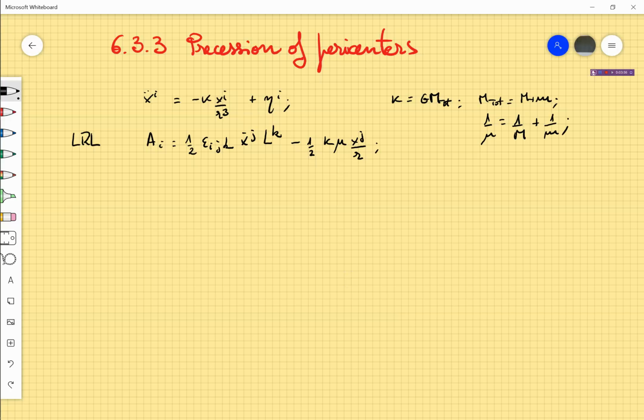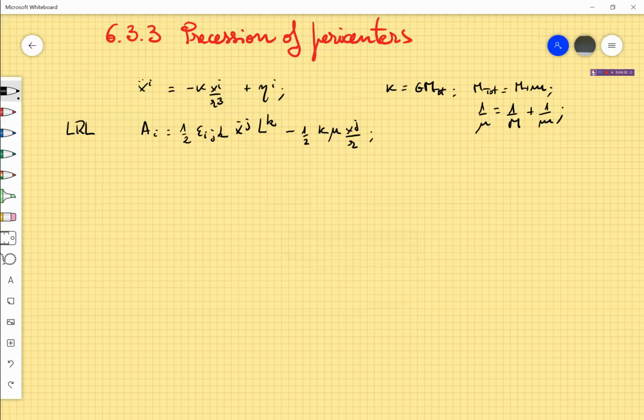You know that the Kepler problem reduces effectively to that of a particle of mass mu moving in the field created by something of total mass M plus m. Now this L_i, it doesn't matter if the indices are up or down. I am not distinguishing between upper and lower indices when I deal with three-dimensional Euclidean indices.